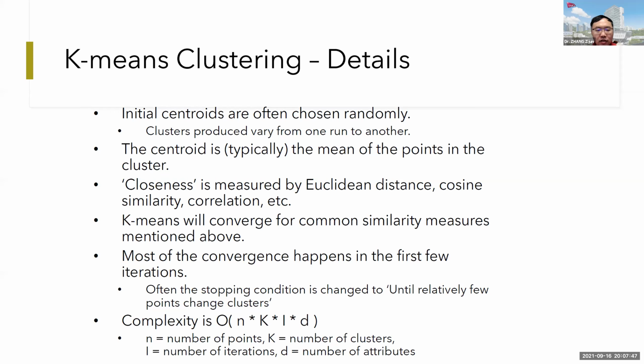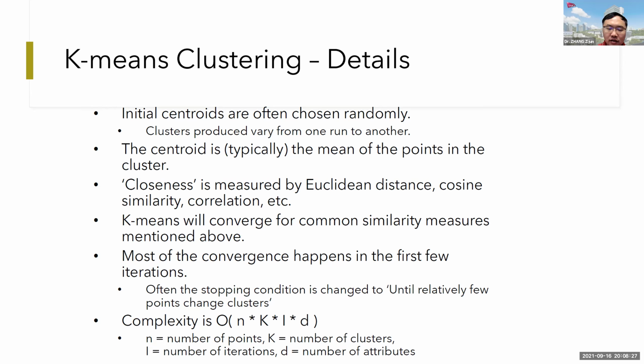So K-means will usually converge for the common similarity measures mentioned above. And K-means convergence mostly happens in the first few iterations. That means its convergence is pretty fast. Based on our practical experience, it usually converges after a number of iterations. It won't take a very long time, so it's pretty quick.